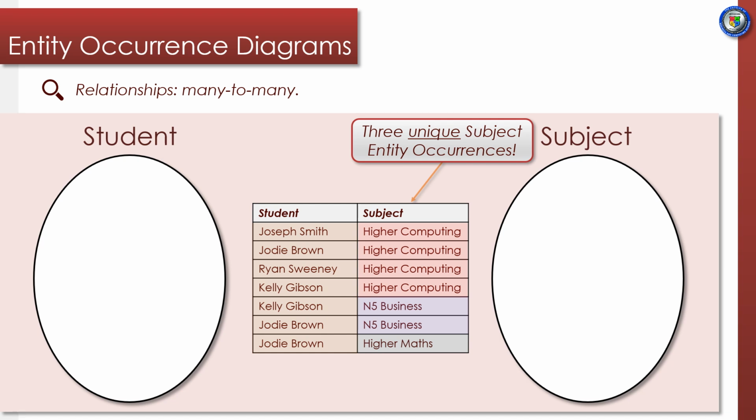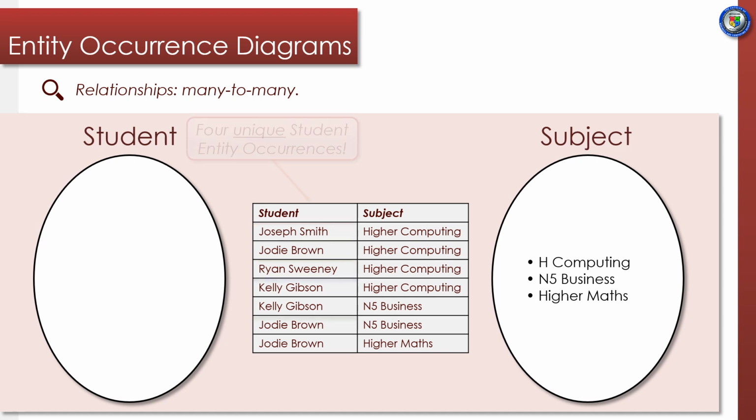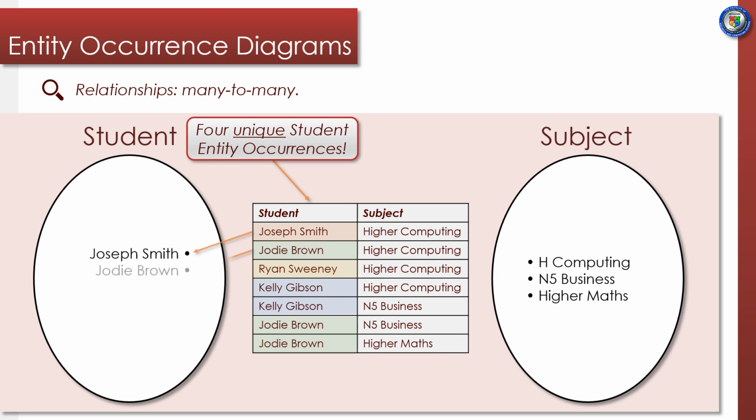We have 3 unique subject entity occurrences: higher computing, N5 business, and higher maths. Whereas we have 4 unique student entity occurrences: Joseph Smith, Jodie Brown, Ryan Sweeney, and Kelly Gibson.